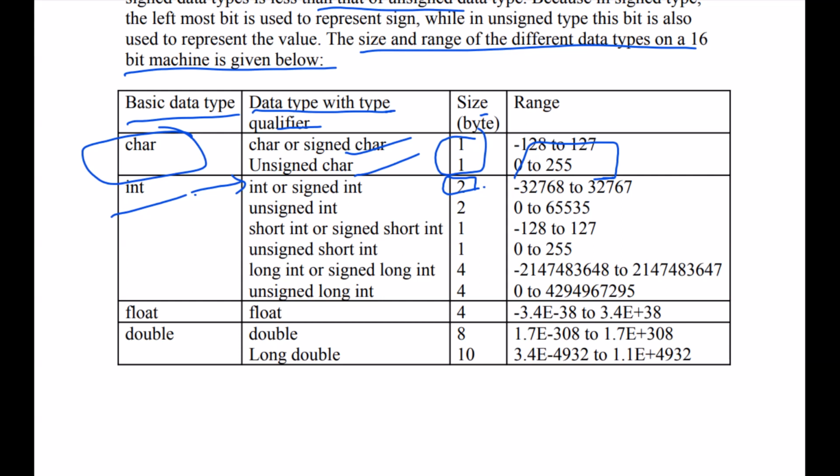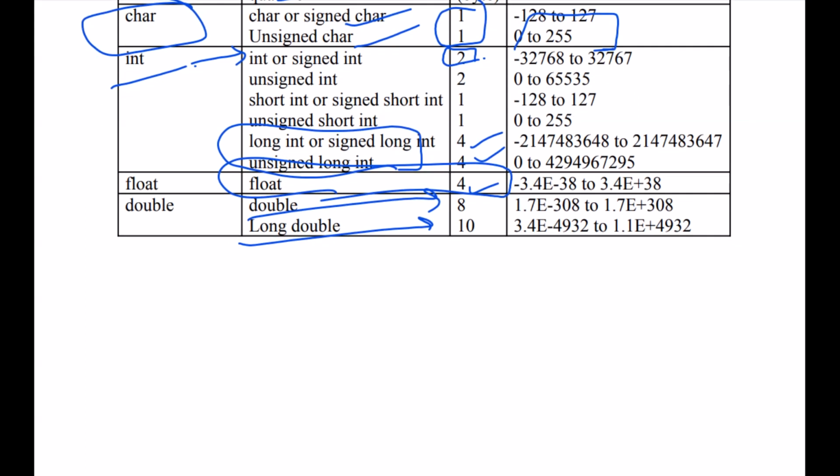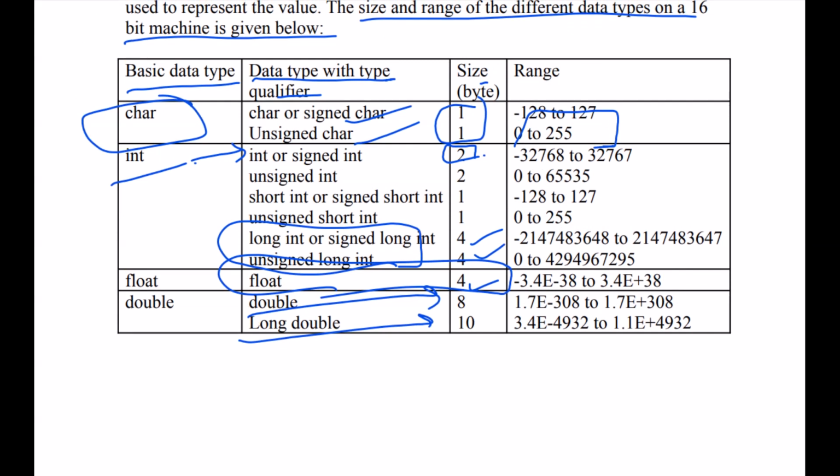Short int and unsigned short int are 1 byte. Long and unsigned long are 4 bytes. Float also has a size of 4 bytes. Double has 8 and long double has 10. This chart you have to remember.